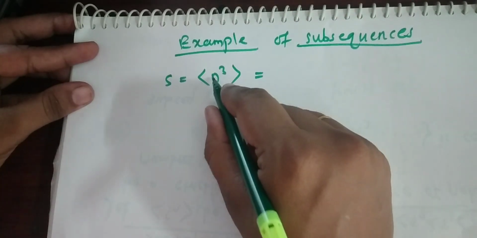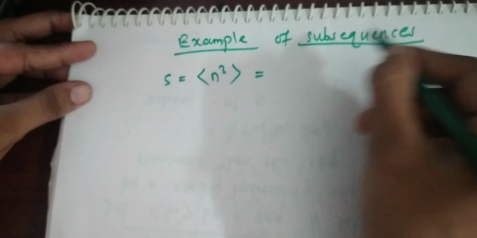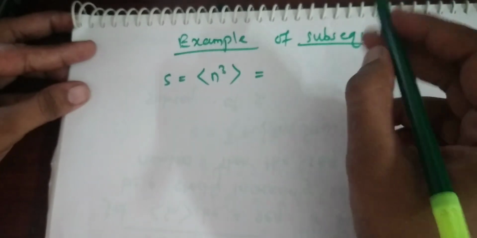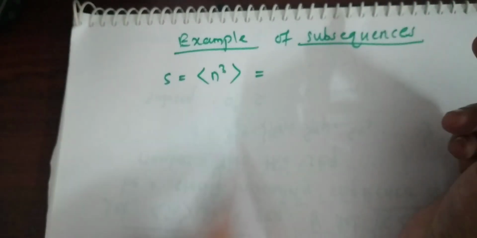So put here n is equal to 1, 2, 3, 4, 5, 6 because the set of natural numbers is the domain of the sequence. So always we have to put n is equal to 1, not n is equal to 0, because 0 is not in the set of natural numbers. So 1 cube, 2 cube, 3 cube, 4 cube and so on.